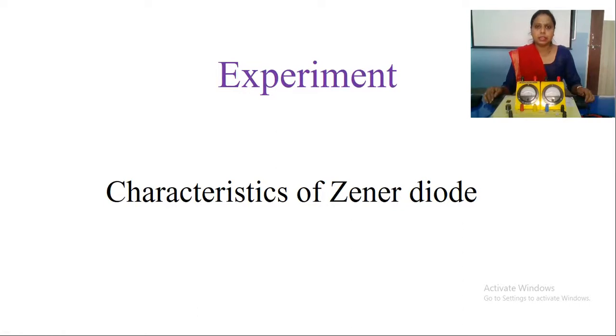In semiconductor devices, that is the last chapter from our syllabus, the Zener diode part has been reduced. In that reduced syllabus, you are not supposed to study about the Zener diode. But you should know it, because in future, questions may be asked in any type of exam about the Zener diode, so you have to know about it in detail.